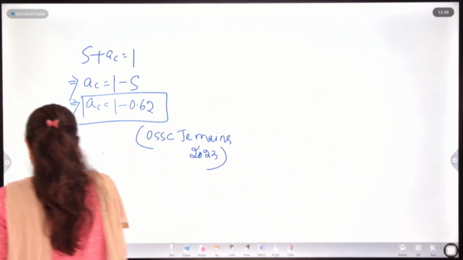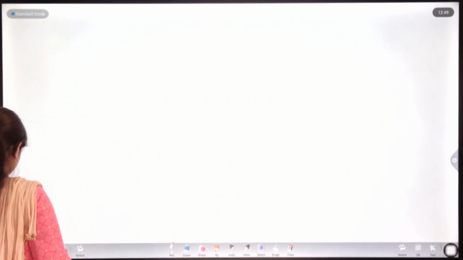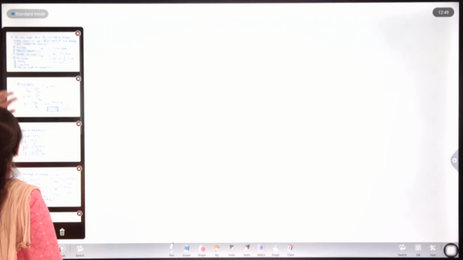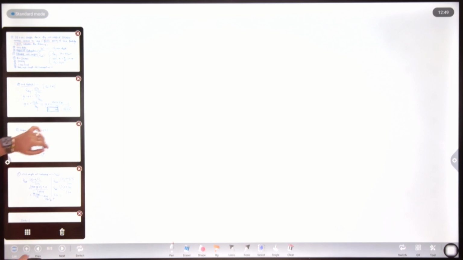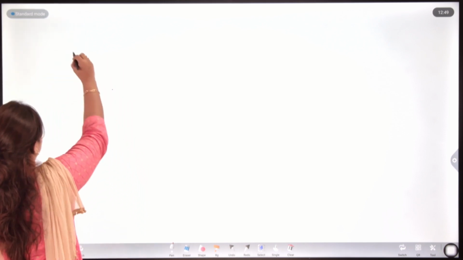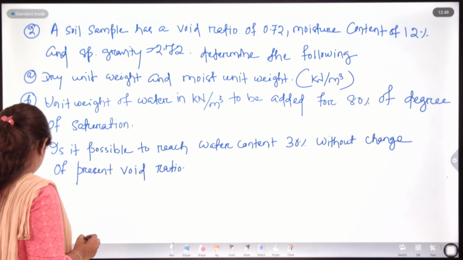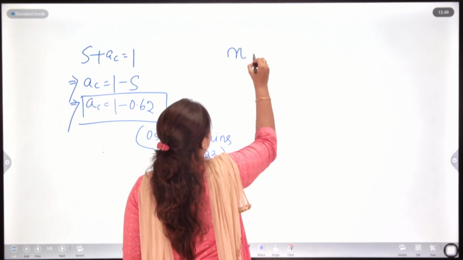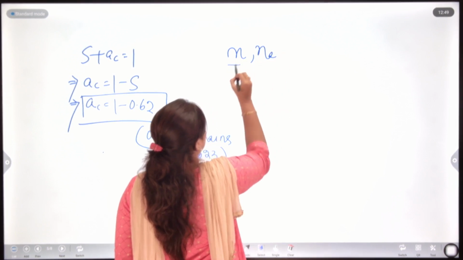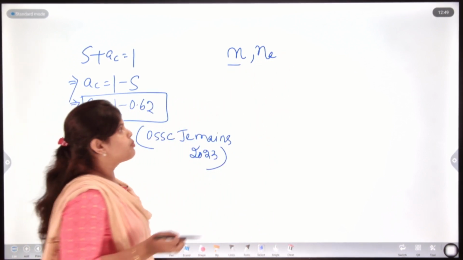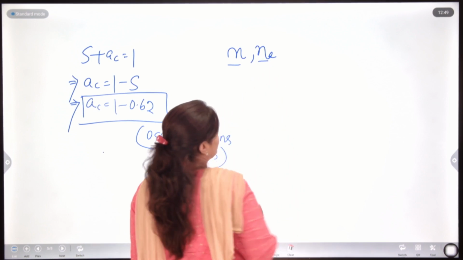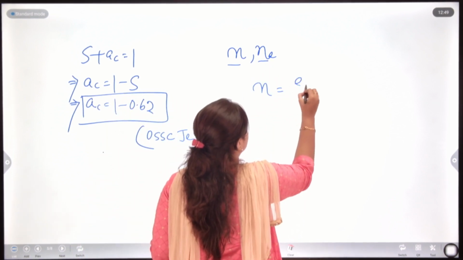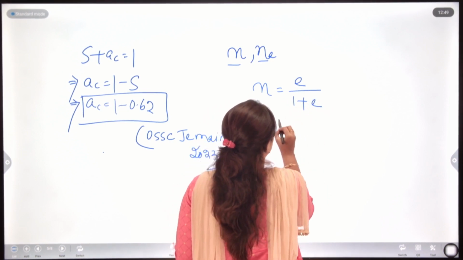Another is porosity and percentage air void. We need to calculate porosity and percentage air void. Porosity is denoted by eta and percentage air void is denoted by eta A. So, eta will be e upon 1 plus e, we know that.